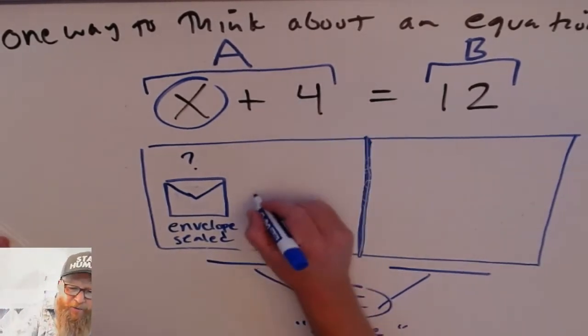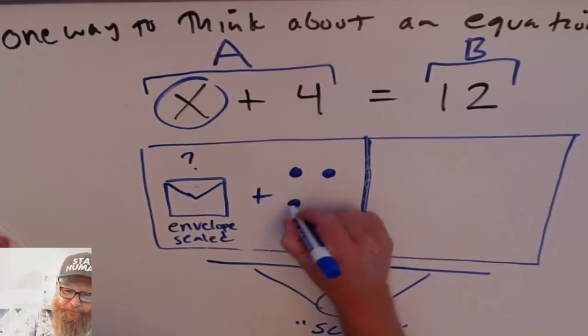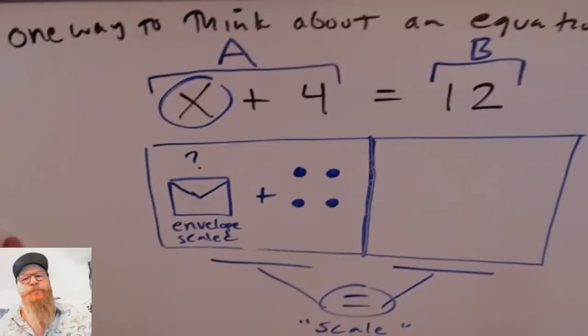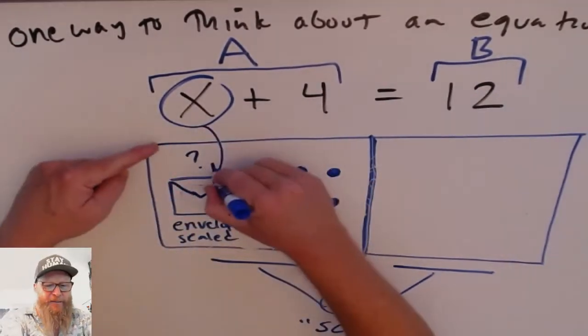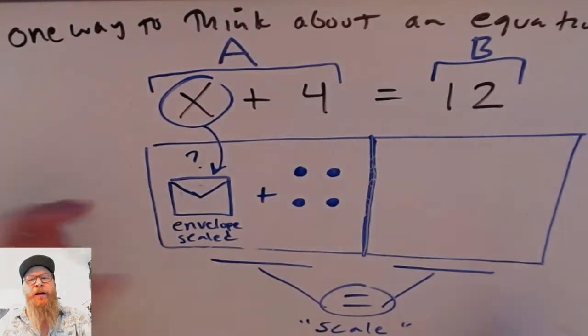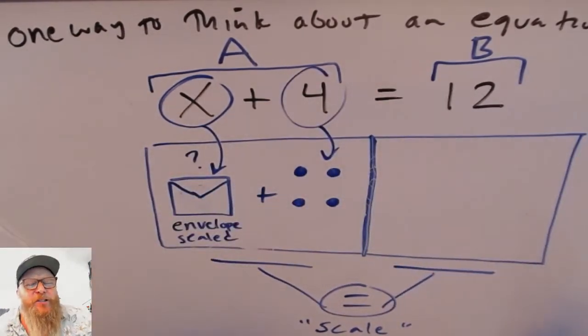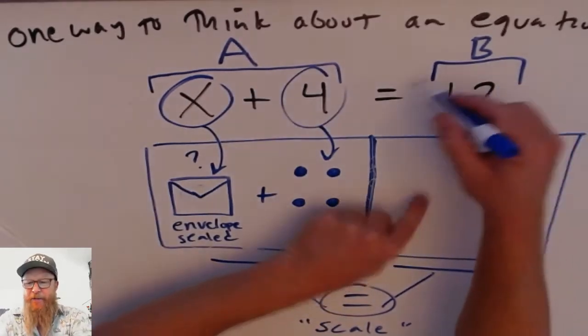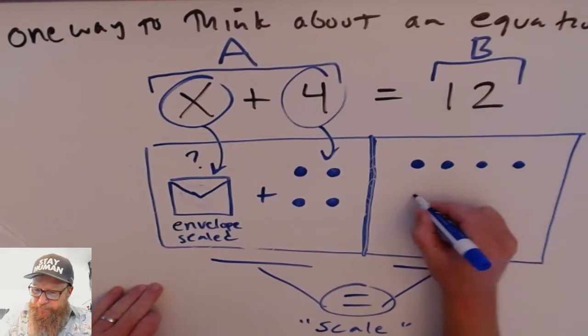But you do know that you have 4 objects that you're adding to it. So you have some mystery envelope, that's your X. You don't know what it is. You have 4 objects. We sometimes refer to these as tokens. And then we know that that's equal to 12 objects.